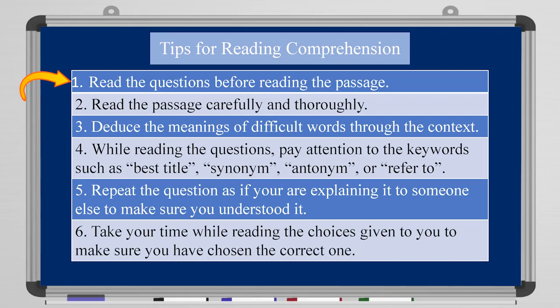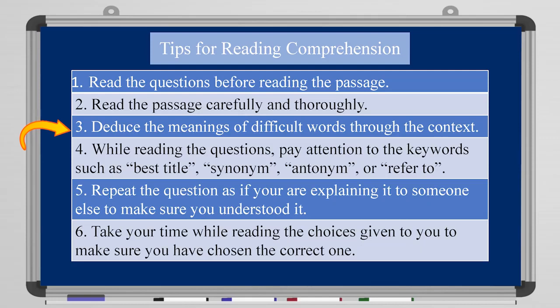With the reading, we looked at a few reading examples before, and now we are going to look at a new one. For the reading passage, I want you to read first the questions before reading the passage. Then I want you to read the passage carefully and thoroughly. Okay? I want you to deduce the meanings of the difficult words through the content. So deduce means guess.